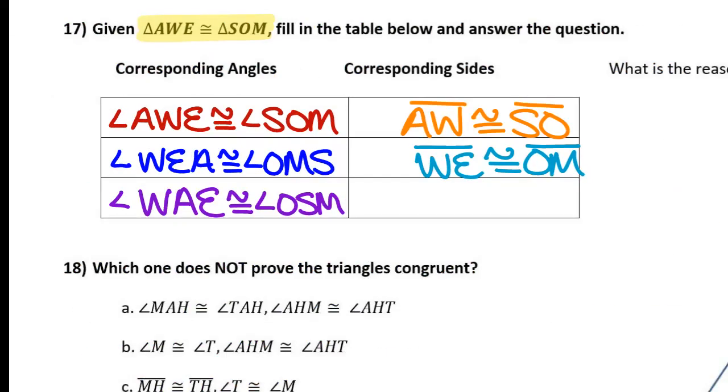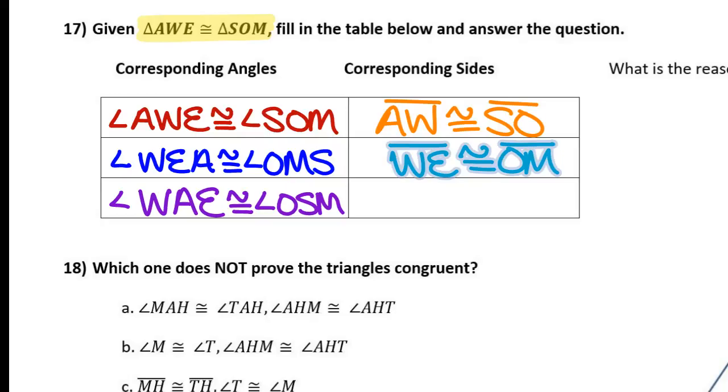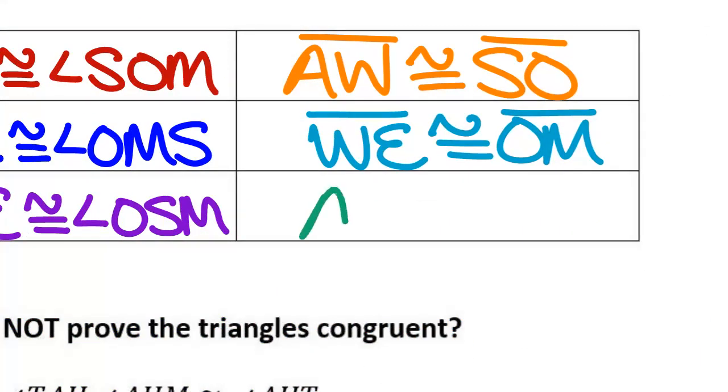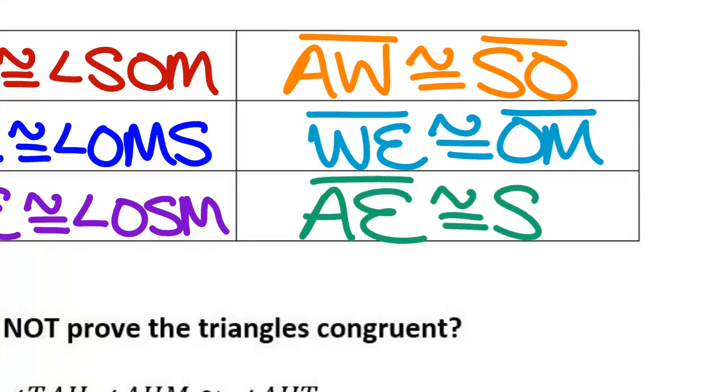All right. And then we have one last pair of corresponding congruent sides. What would my last pair of sides be? AE and SM. AE is congruent to SM.